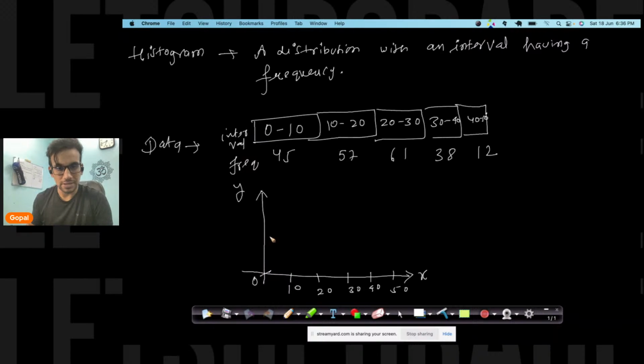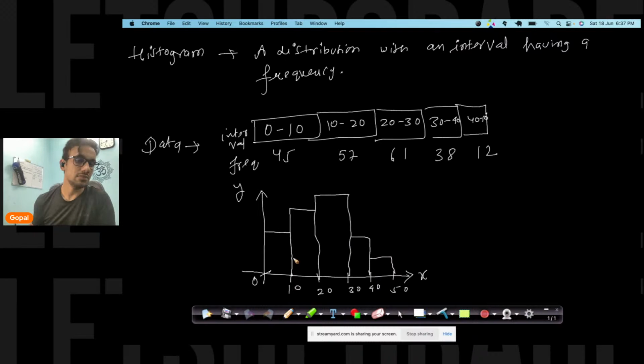From 0 to 10 it will be around 45. Then 10 to 20 we have 57, so it will be somewhat larger than this. Then 20 to 30 we have 61, so it will also be larger in height, of course. Then 30 to 40 is 38, so it will be lower than this, and the last will be the lowest because it is only 12. So this data is represented in the form of a histogram, which is what you are seeing here.